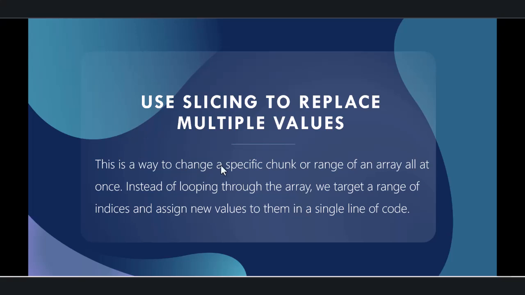We will select a specific desired range of indices and assign new values to them in a single line of code. This is as simple as the previous one, but we select a range of values instead of one value. We'll see how this works in an example.